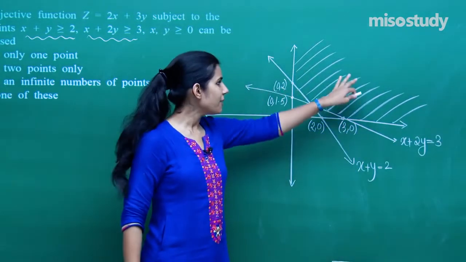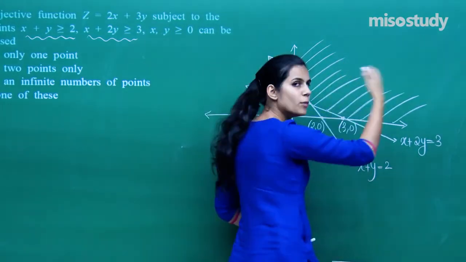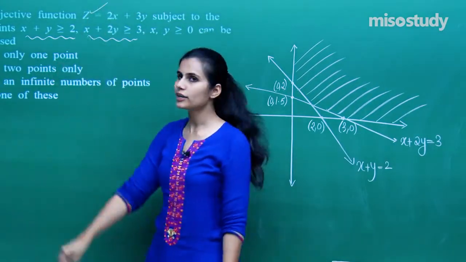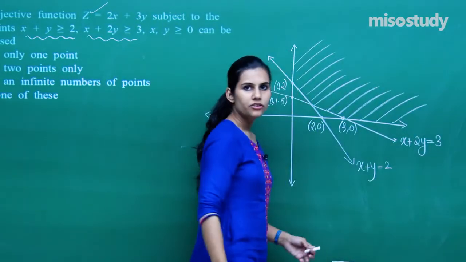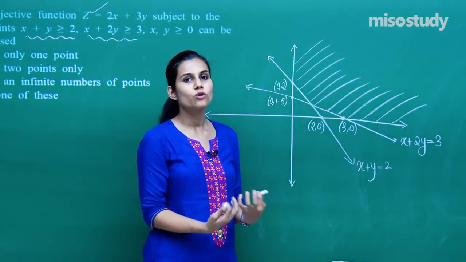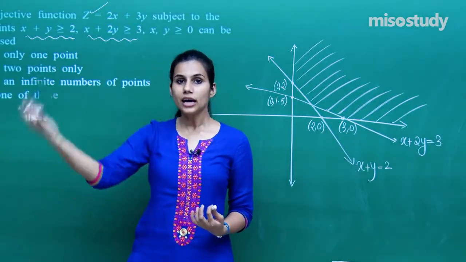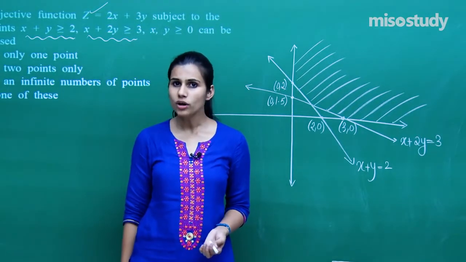You know that this is an unbounded region in the first quadrant. As far as I go, the larger and larger the value of the objective function I can obtain. As far and far I go in the first quadrant, the coordinates of x comma y are going to become larger and larger, and hence the value of z is going to become larger and larger. So I can maximize my z to as much as I want.